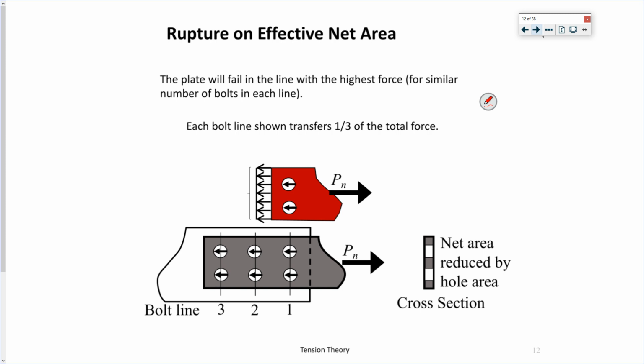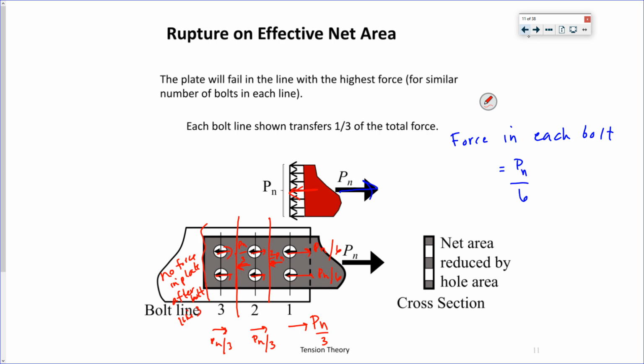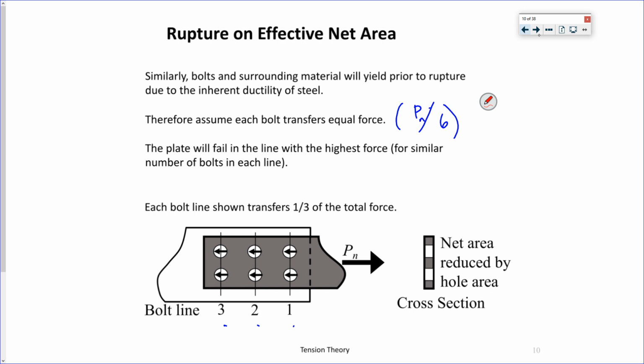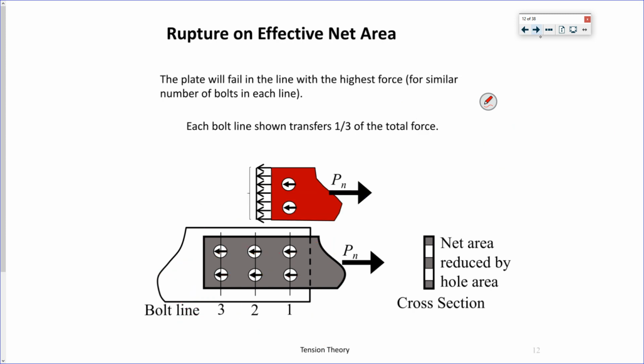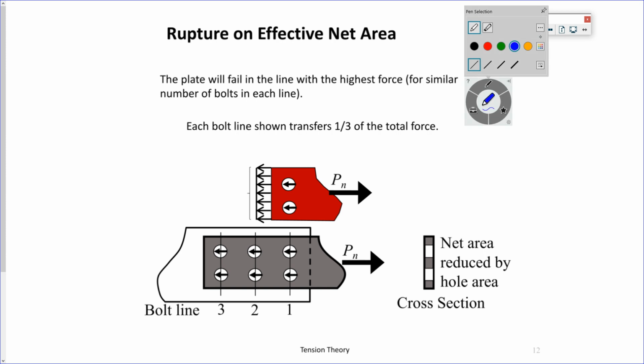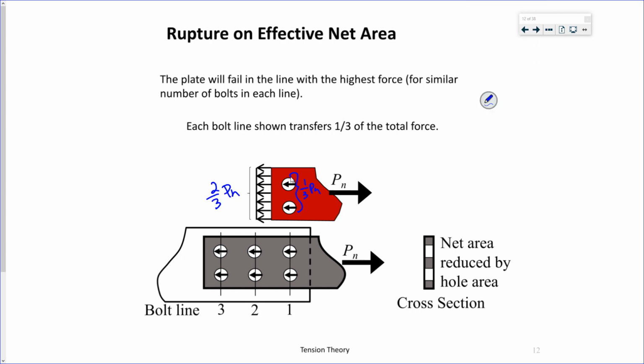I thought I need to look at what I'm doing. Pn over 3. So now here is Pn, and this is one-third Pn, so here is just 2/3 Pn.